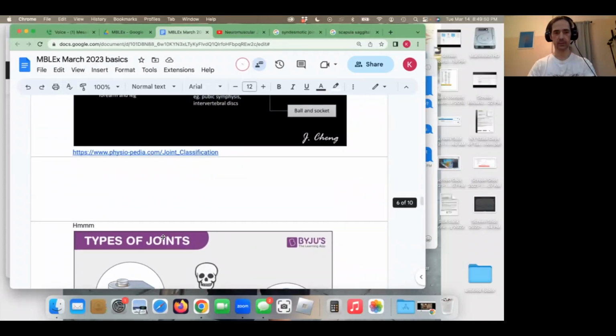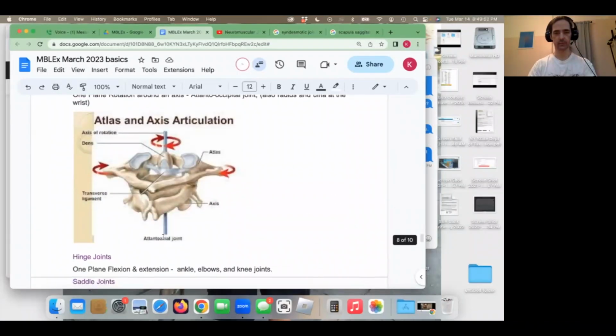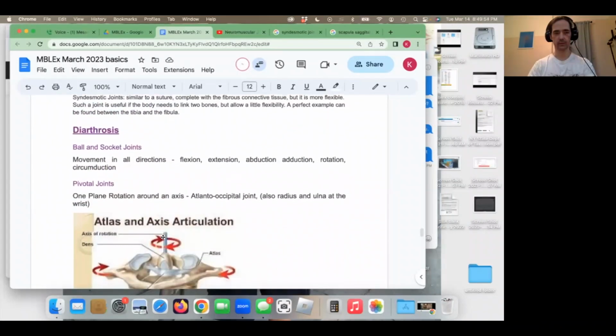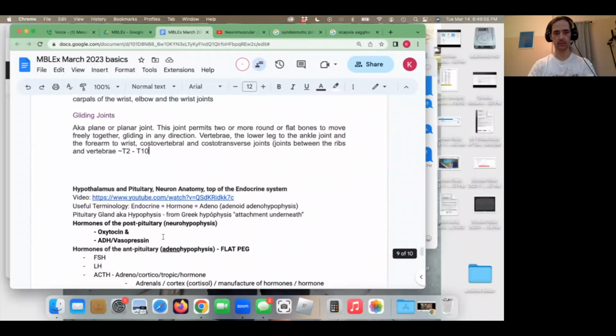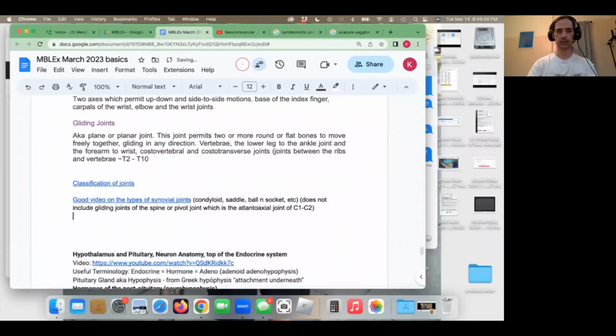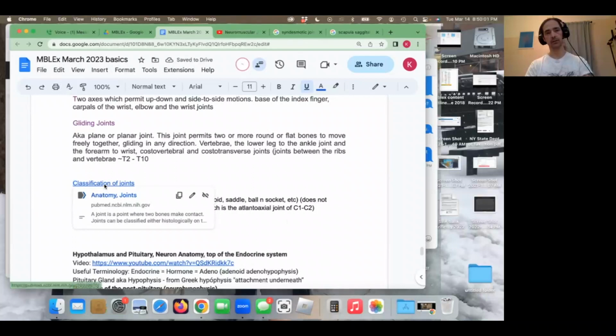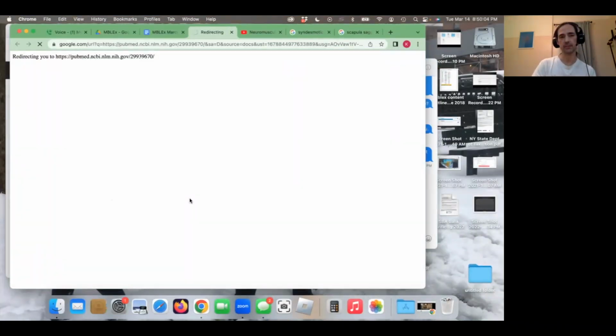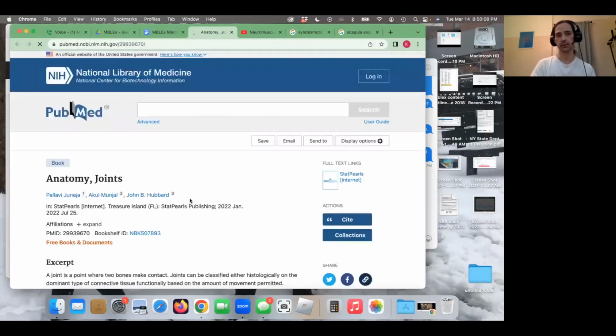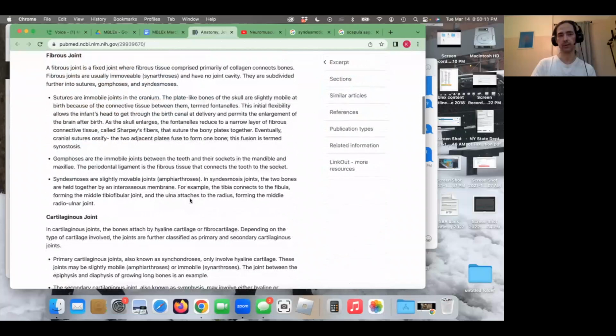I'll put it down here. If you go to classifications of joints, this is that thing that I sent you guys earlier today. I just thought it was a really exact, thorough, effective summary of the different kinds of joints.